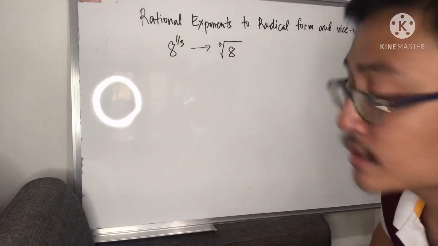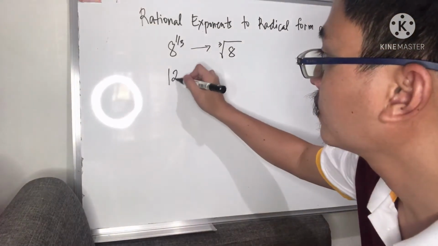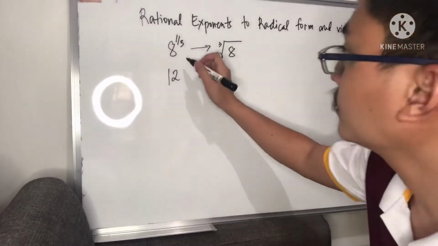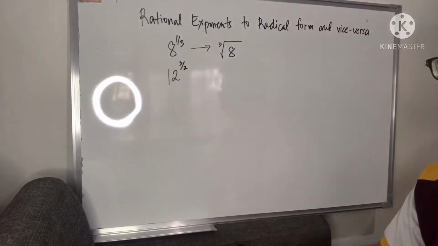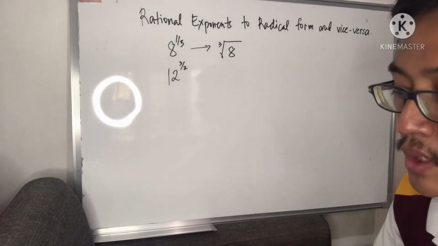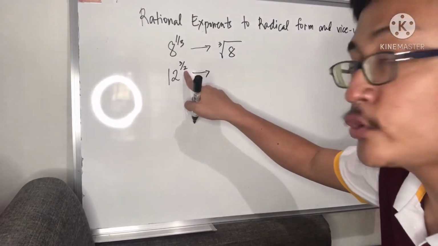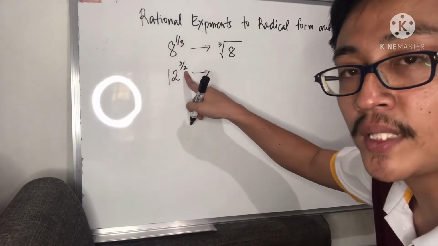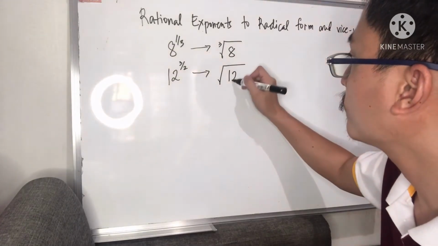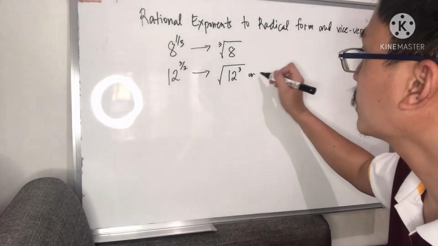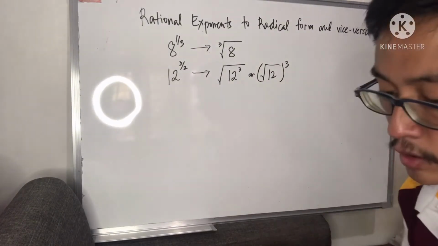Okay, so next, let's say meron tayong 12 raised to 3 over 2. So, that becomes, since 2 yung denominator, square root siya, no? So, the square root of 12 cube, or square root of 12 quantity cube.